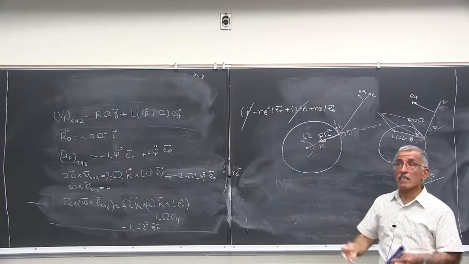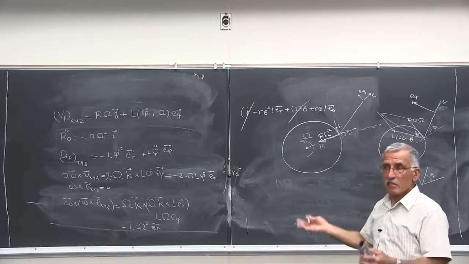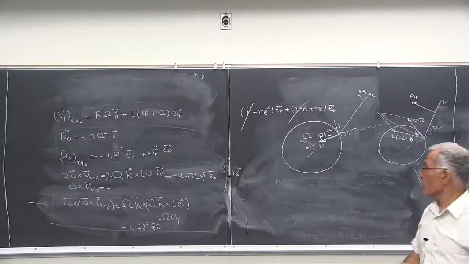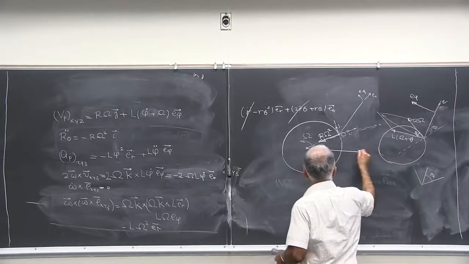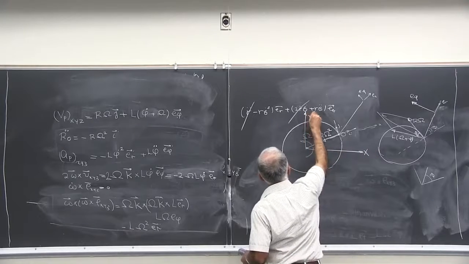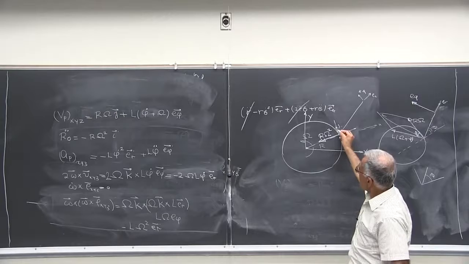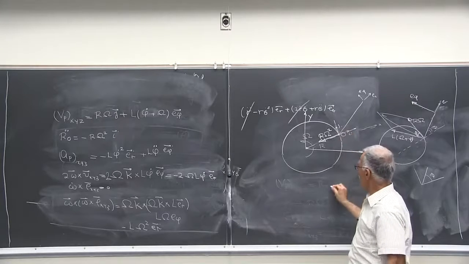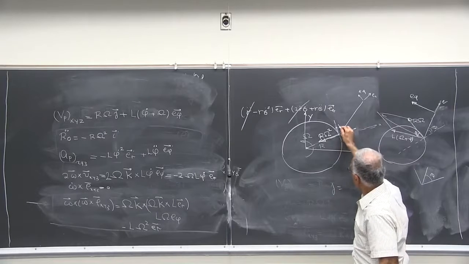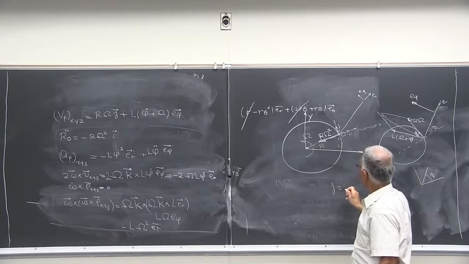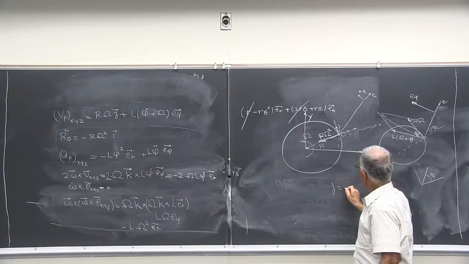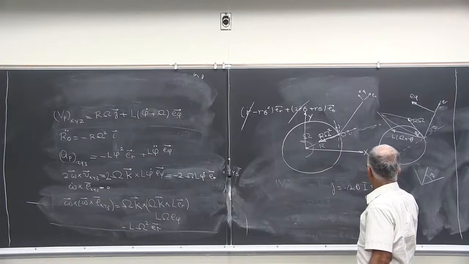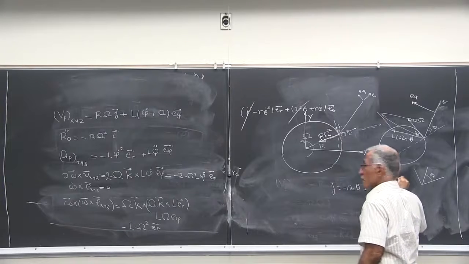With respect to capital X, Y, Z, these two vectors are this. Now, if you would like to represent this with respect to this coordinate system, you have to say what my small j means at any time. With this angle theta, a small j means minus sine theta capital I plus cosine theta capital J.